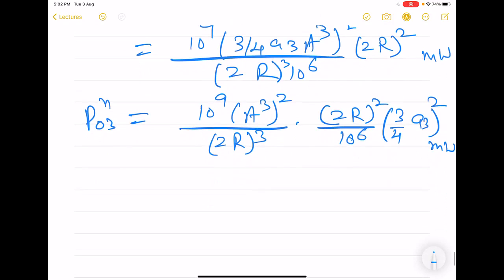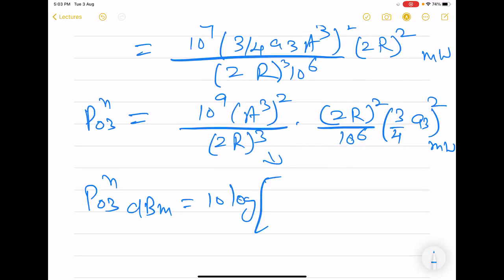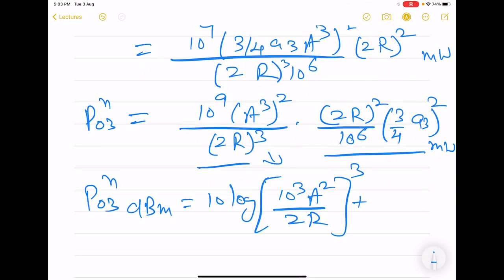Now we will convert it into dBm by taking 10 log. So here we will rearrange these terms. So 10 raised power 3 a square 2r cube. And this term we will write separately.